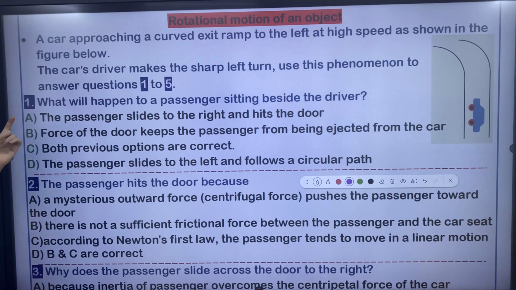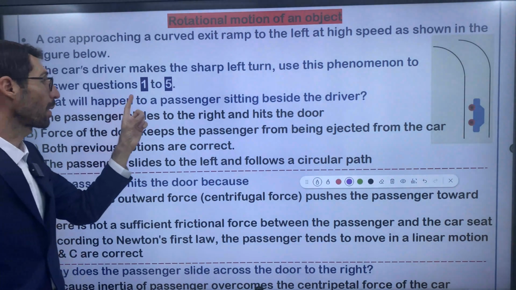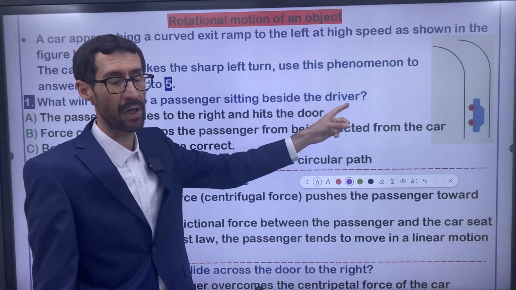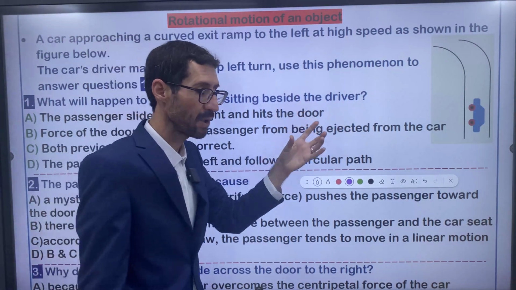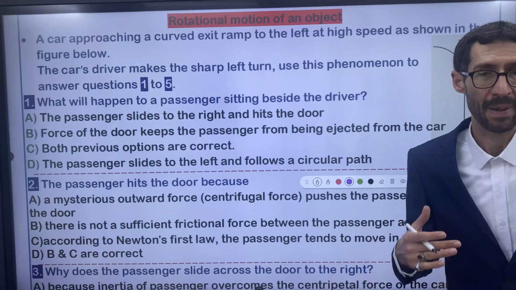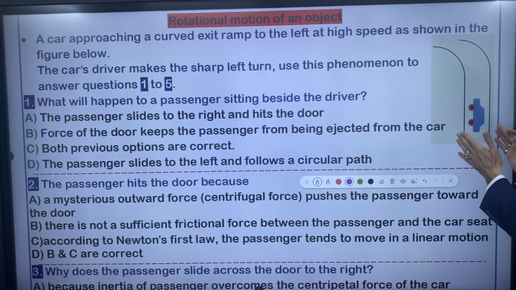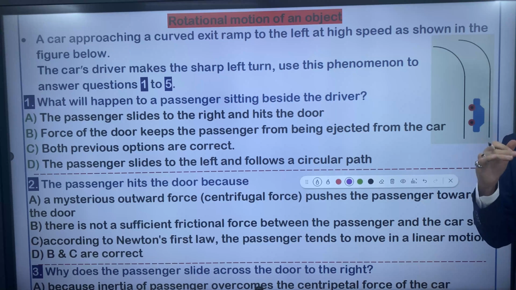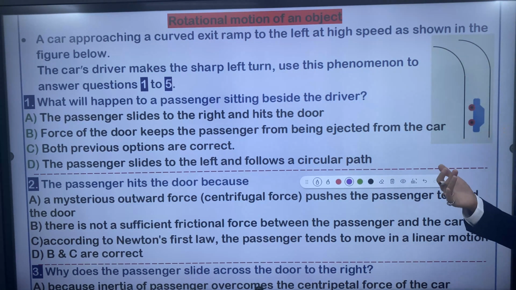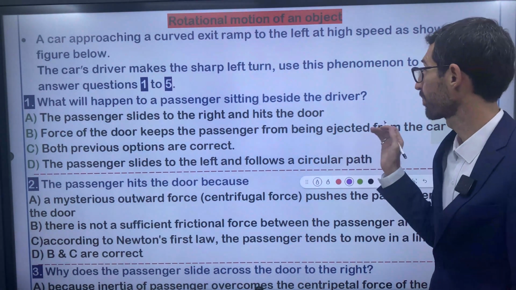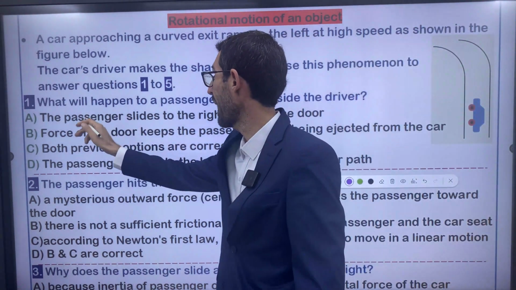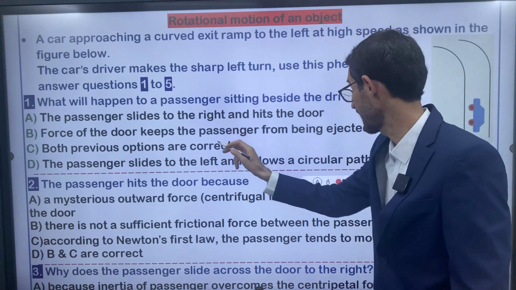Question number 1. What will happen to a passenger sitting beside the driver? Imagine there's a passenger sitting beside the driver, and the driver turns left. Whenever the driver turns left at a high speed, what happens to the passenger? Let me read the options for you. The first option, the passenger slides to the right.